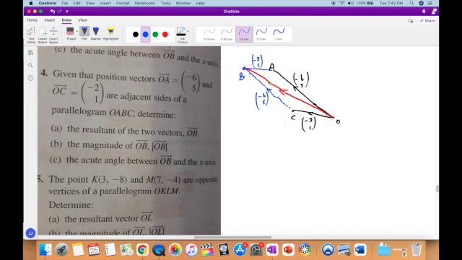So OB, I can't really count, and the graph doesn't really help me in this case to count and such. So I'll have to do the parallelogram law. With the parallelogram law, I could see here that I could get to OB if I went OC plus CB. So OB is equal to OC plus CB.